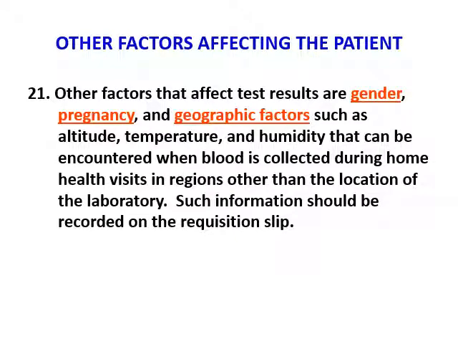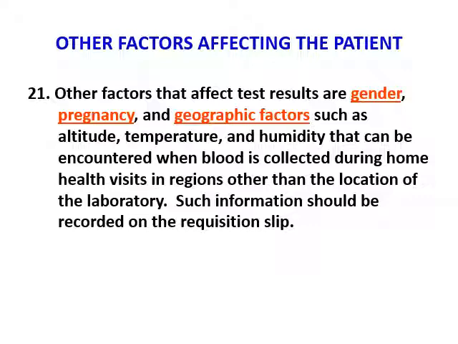Okay, so dealing with other factors affecting the patient, their gender. We talked about this earlier, males and females with hematocrit results and things of that nature. Pregnancy, obviously. Because can you imagine when these ladies come in, they're pregnant and they haven't had anything to eat all day, they're fasting, they have to drink that nasty glucose stuff. We've talked about that before. They feel sick.